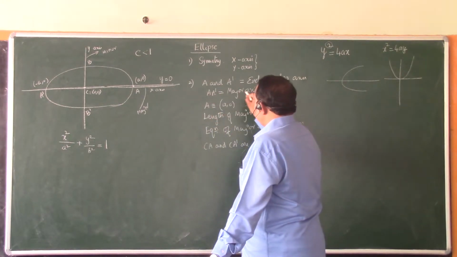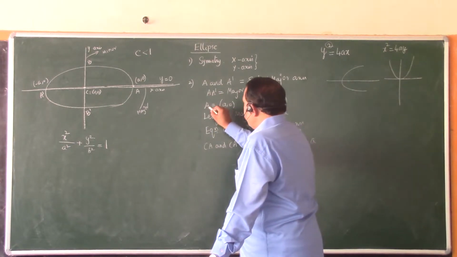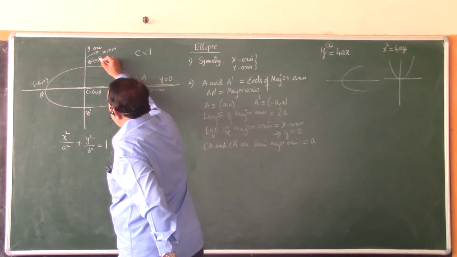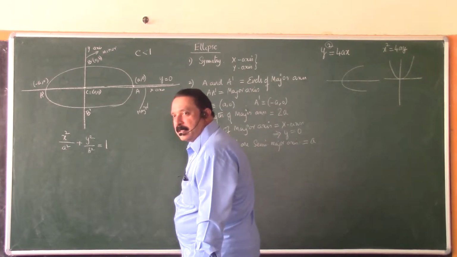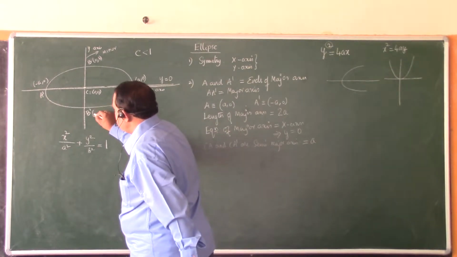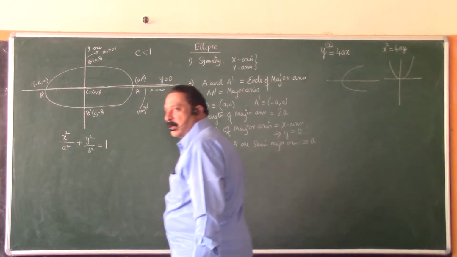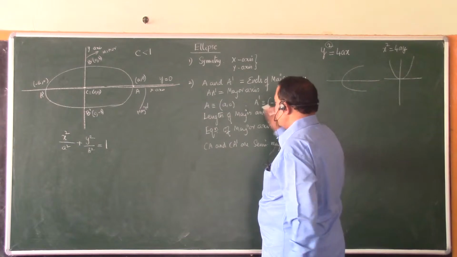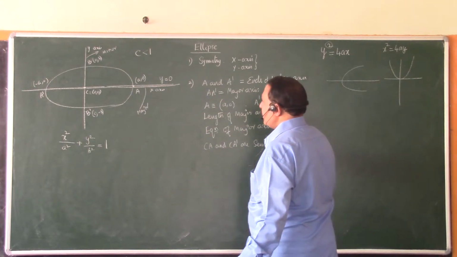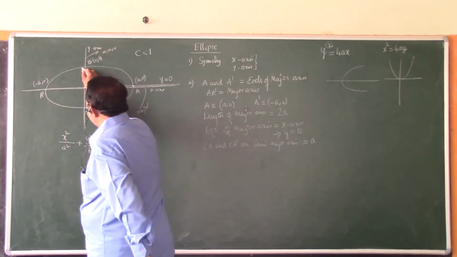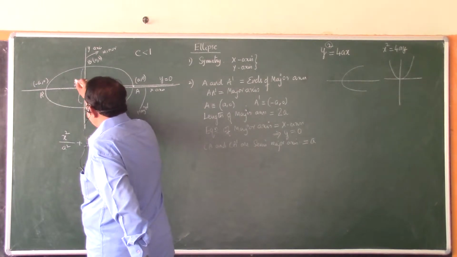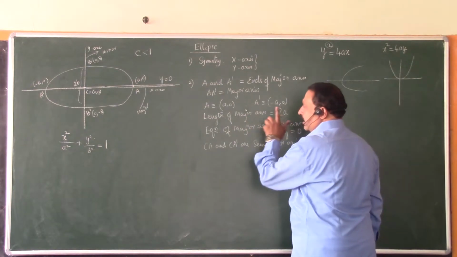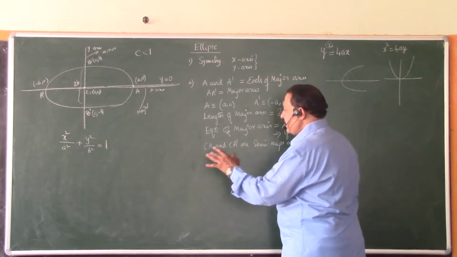So BB dash is the minor axis. The coordinates of the ends of the minor axis: B is 0 comma b, and B dash is 0 comma minus b. The length of the minor axis is 2b. Here it is 2a for the major axis, and for the minor axis it is 2b.